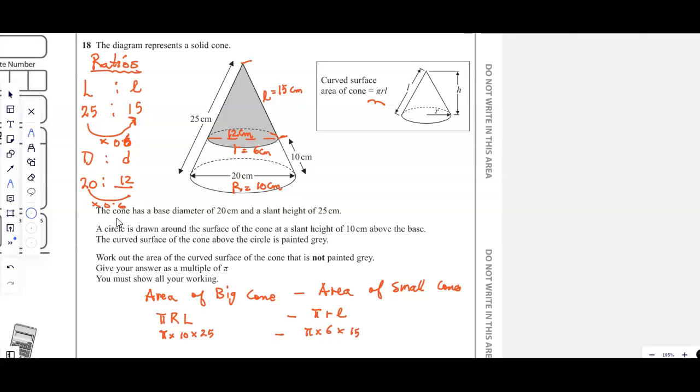So what we're going to have is 250 pi minus 90 pi.